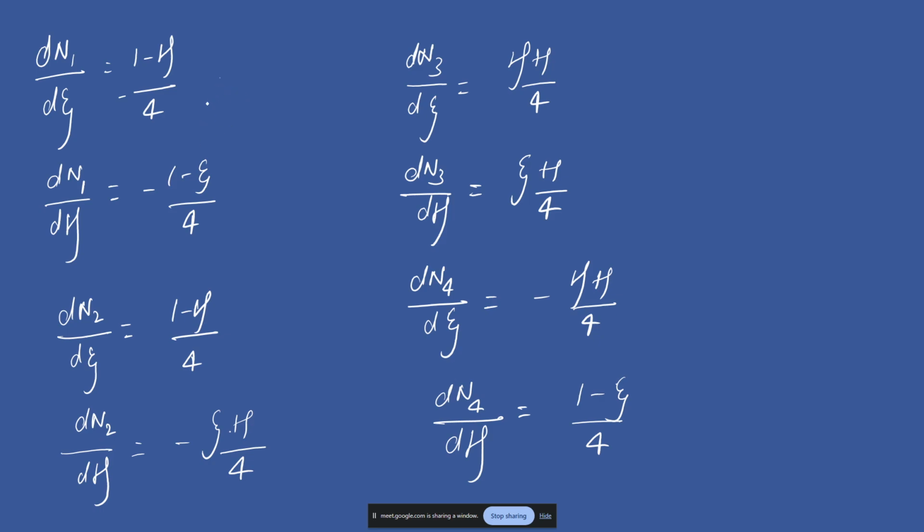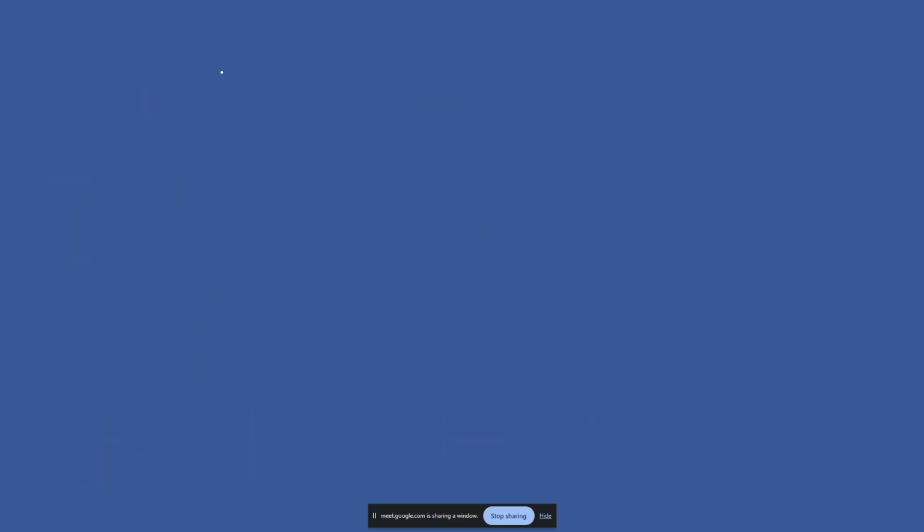So this is your N1, N1, N2, N2, N3, N4, N3. So accordingly, your final strain displacement matrix, this is known as the strain displacement relation matrix.